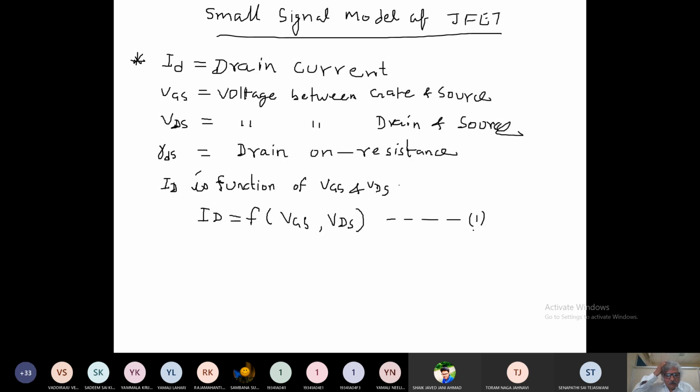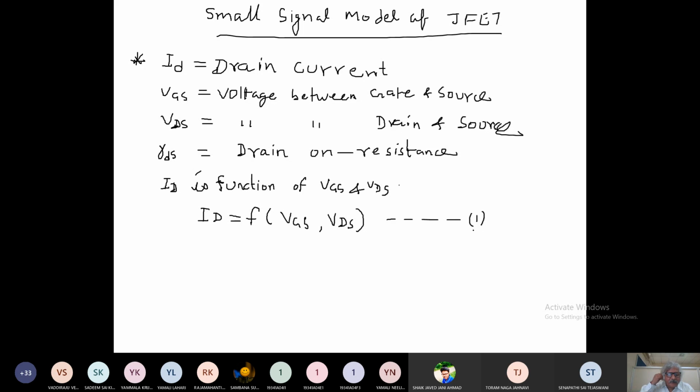In other words, ID partially depends upon VGS and partially upon VDS.